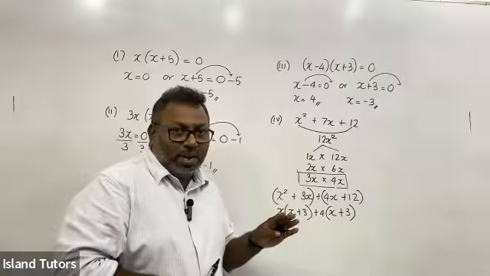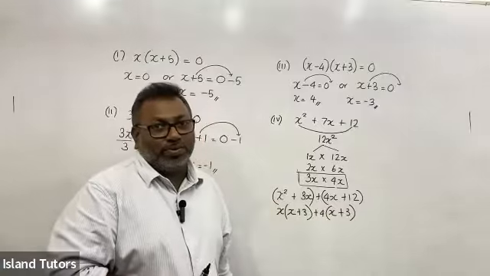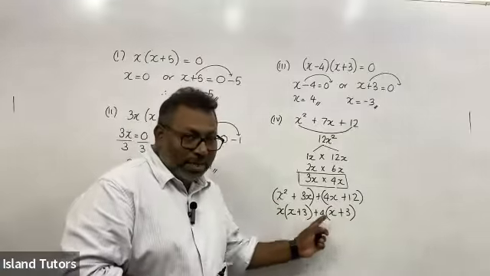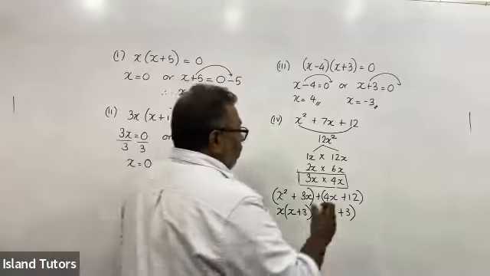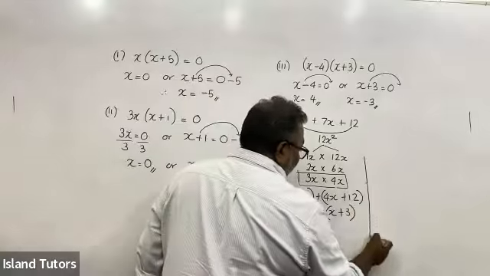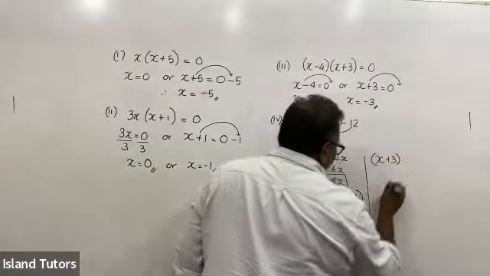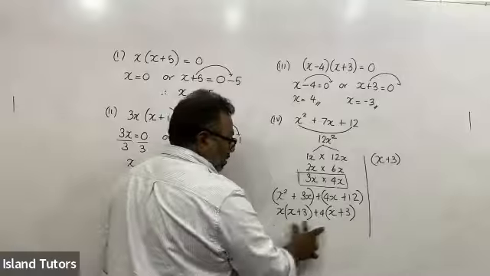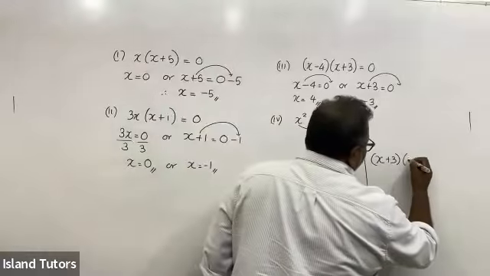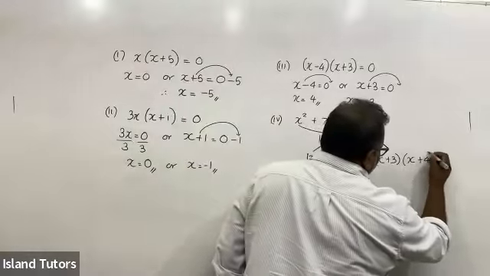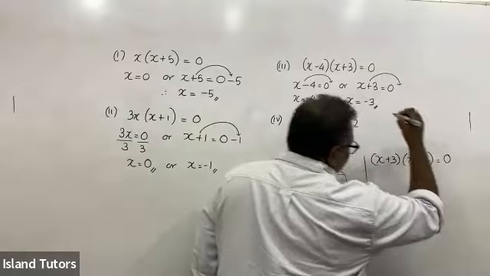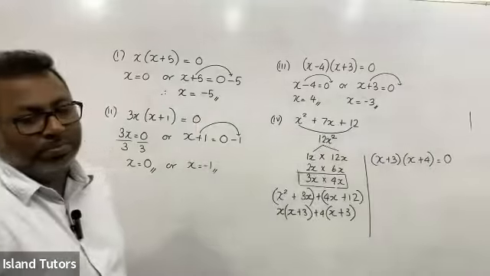If they are not, then there's something wrong, right? Here, both of them are the same. So I'll just take it over here. So x plus 3 is one factor, x plus 4 is another factor, is equal to 0.